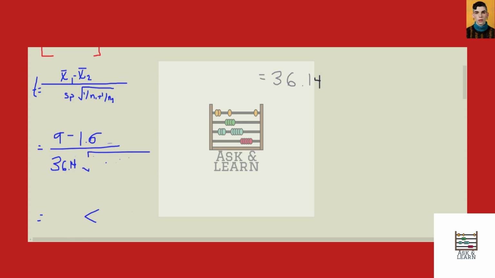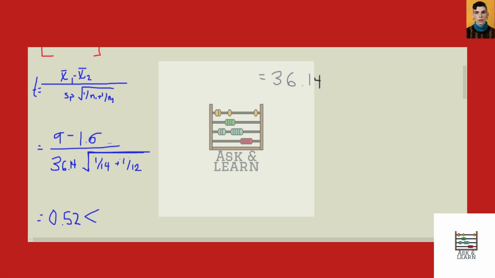And then take the square root of the reciprocal of the sample sizes. So that's going to be 1 over 14 plus 1 over 12. And then I'll calculate that. And we get the very low value of 0.52 for our T.